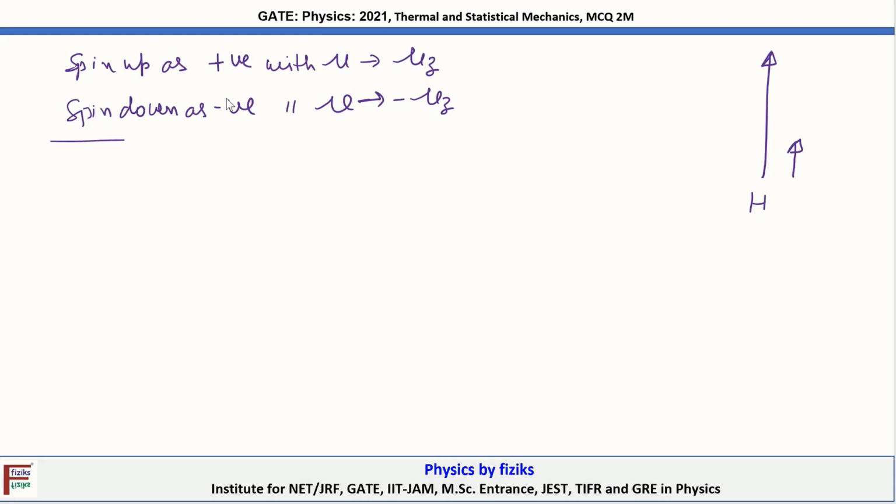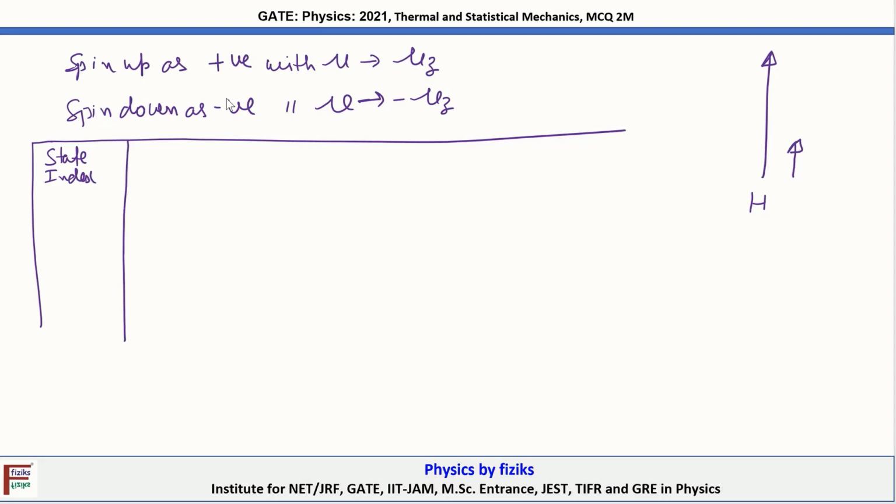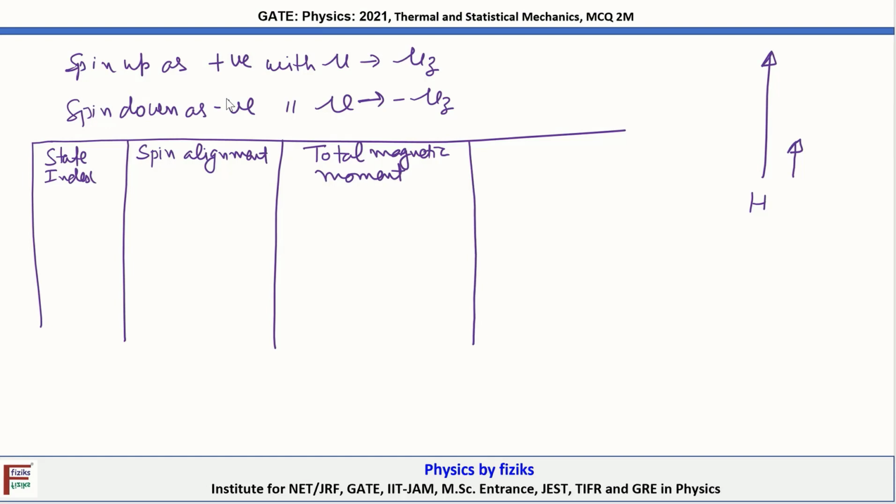So let's try to understand. Here we will have a state index, then the spin alignment, third the total magnetic moment, and in the fourth column the total interaction energy.